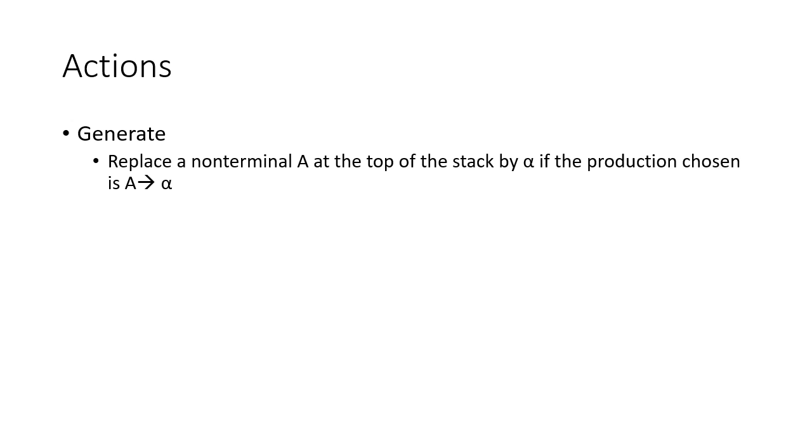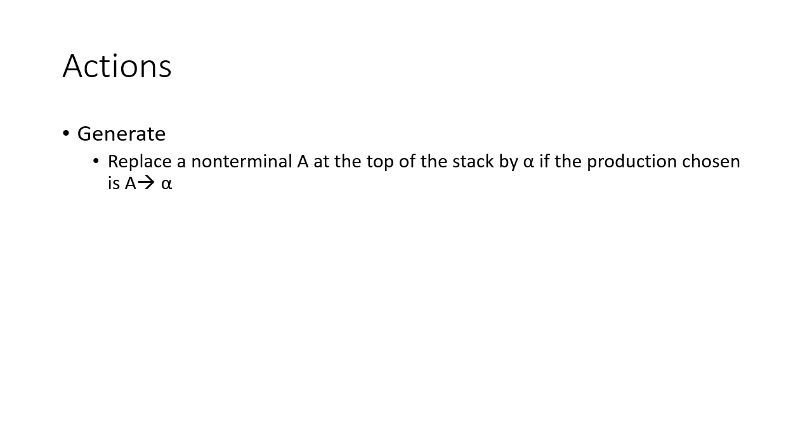There are basically 2 actions. First is generate. The generate action replaces a non-terminal, say A, which is at the top of the stack, by alpha. Alpha will replace A if the production that we have selected is A derives alpha.